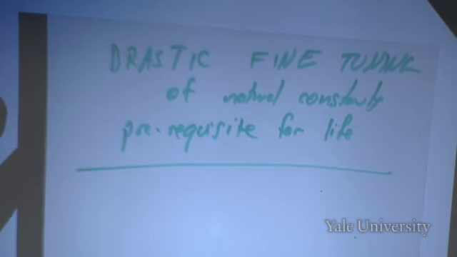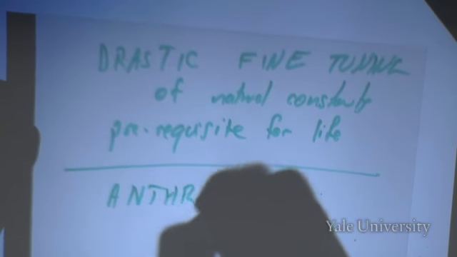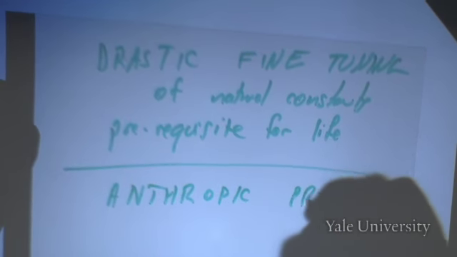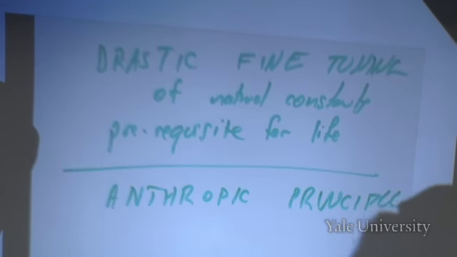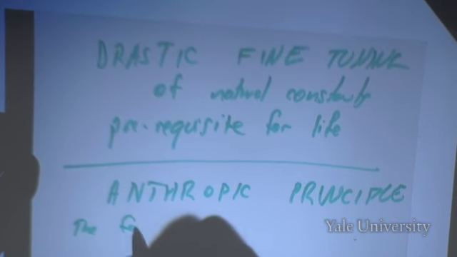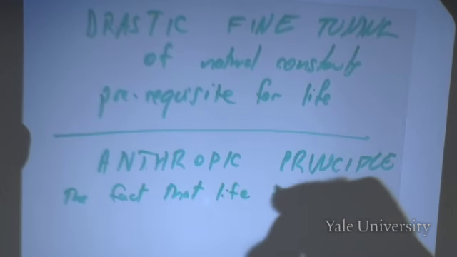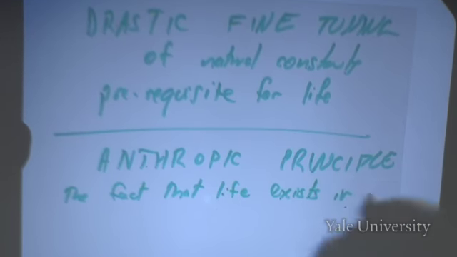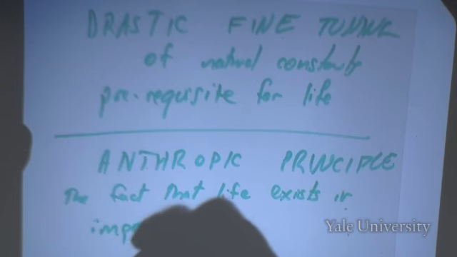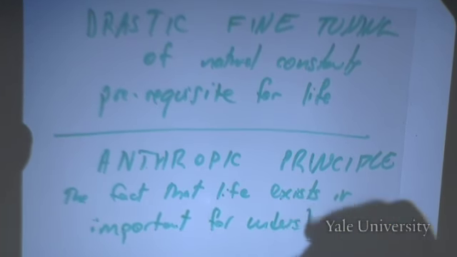And this gives rise to a set of ideas called generally the Anthropic Principle, which is kind of the idea that the fact that life exists, and people in particular, is important for understanding basic physics.